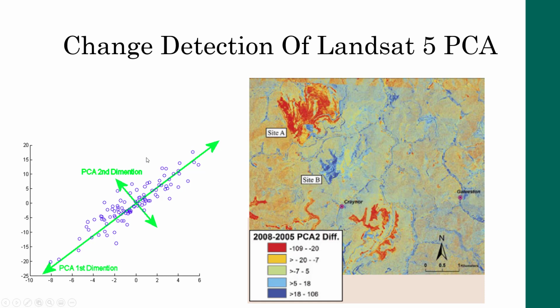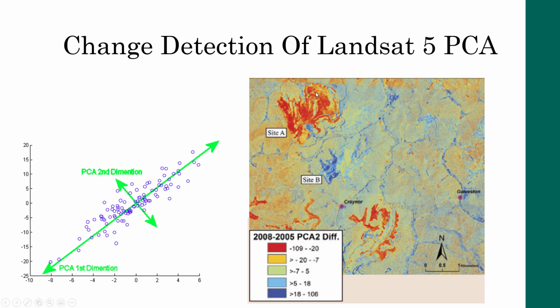Just keep in mind that it is generally a way to include as much information as possible while reducing data volume. But what's more important here is to look at this difference image. In this case, they took PCA2 and they subtracted the two from each other. And you can see that values that are extremely low, so highly negative values, indicate areas where we lose vegetation, and those are indicated in the reds and the bright yellows.